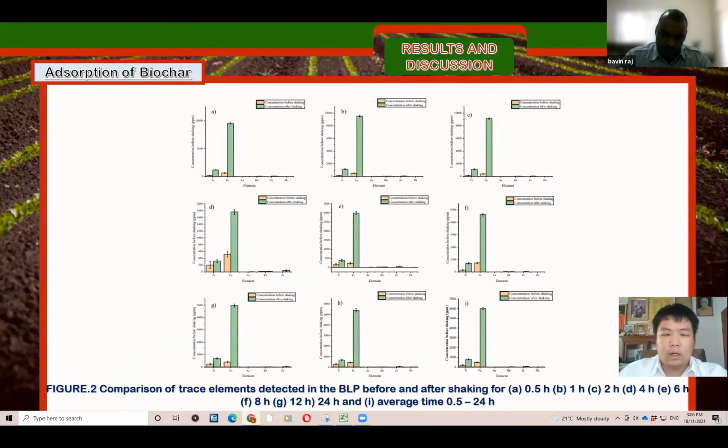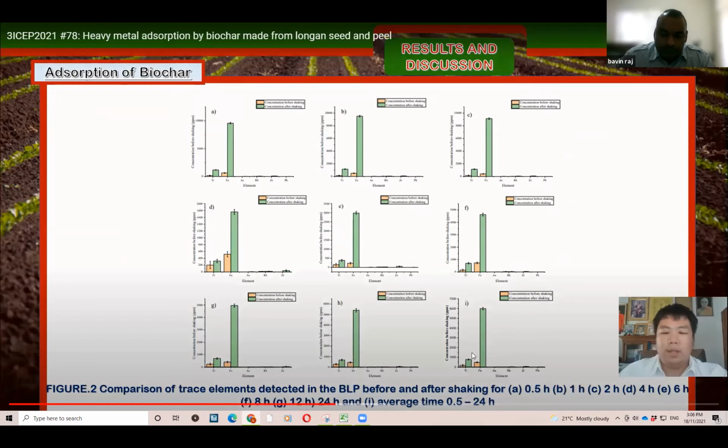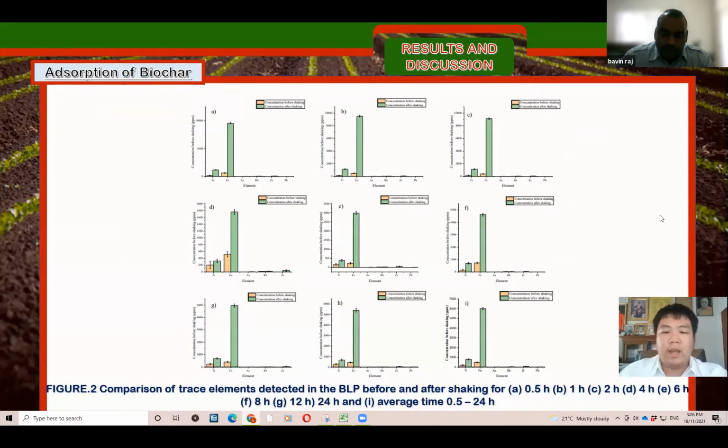The composition of trace elements detected in the BLP before and after shaking is in Figure 2. The BLP had additional elements of titanium, iron, arsenic, rubidium, sodium, and lead.